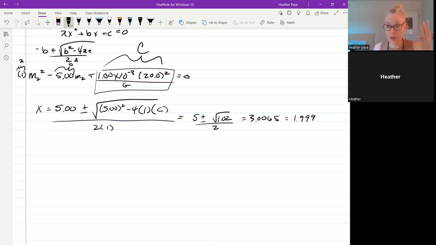So M1 can either be 3 or it can be 2 because the system doesn't care which mass is where. So you end up with M2 equals 3 or 2. And we know from reading the question that they equal 5 kilograms. So if M2 is 3, that means that M1 is 2. And if M2 is 2, that means that M1 is 3.